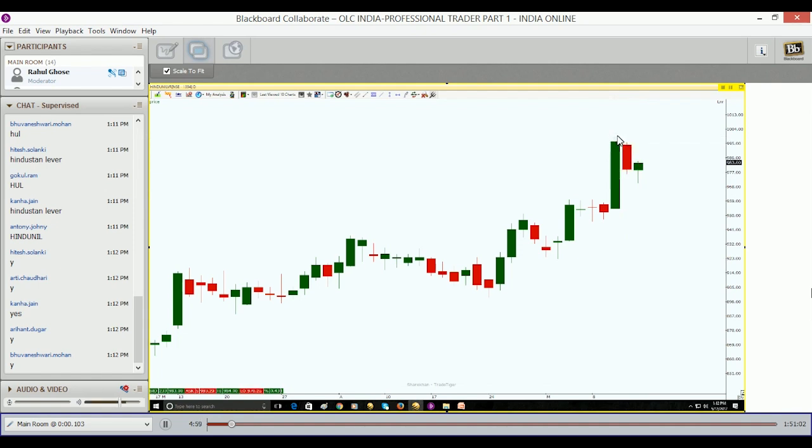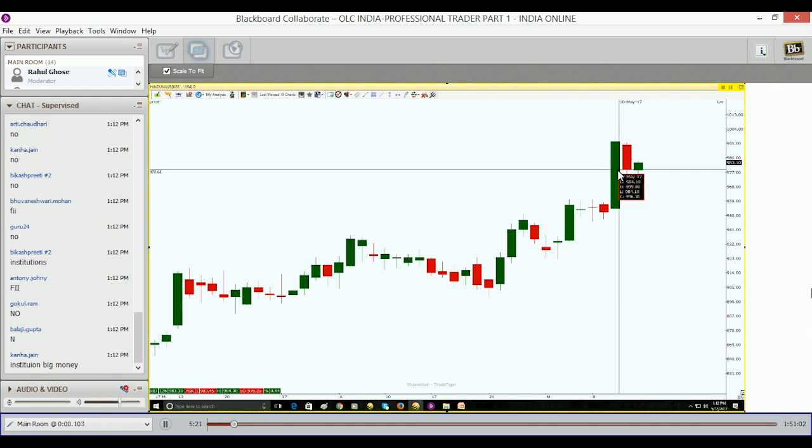Can you and me make this candle? Absolutely not. Only people with the power of money can make this move. I mark this entire big move.